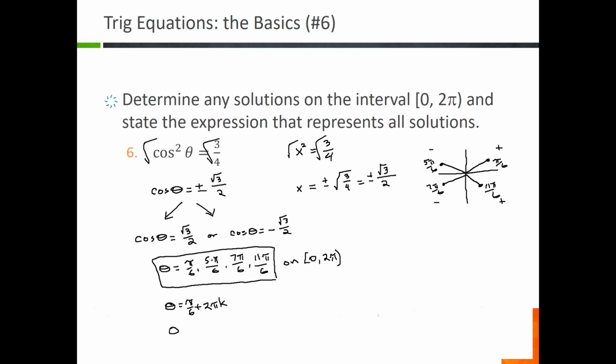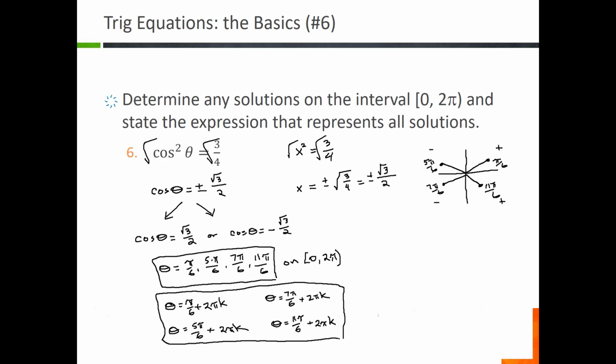Theta is equal to 5 pi over 6 plus 2 pi k. Theta is equal to 7 pi over 6 plus 2 pi k. And then theta is 11 pi over 6 plus 2 pi k. All right, and so all four of these together represent all solutions.